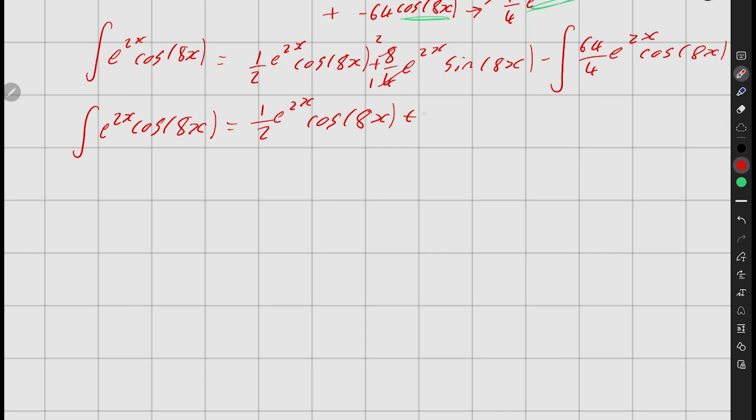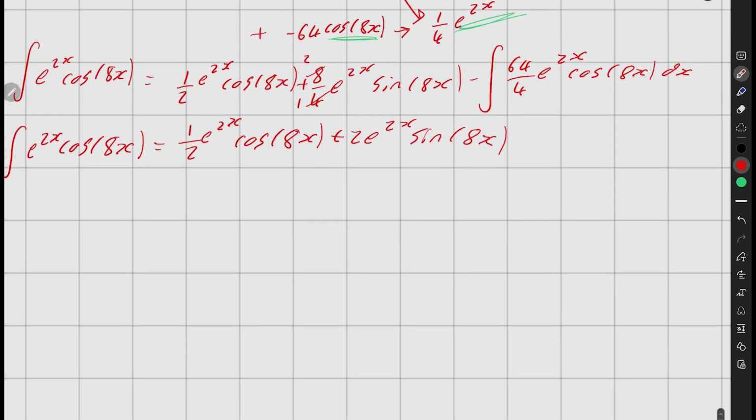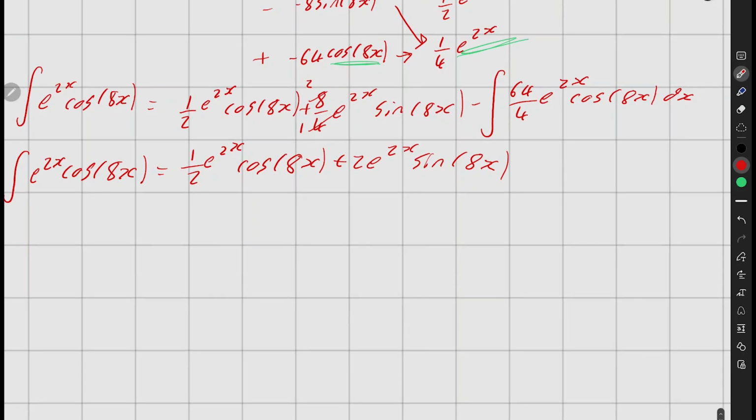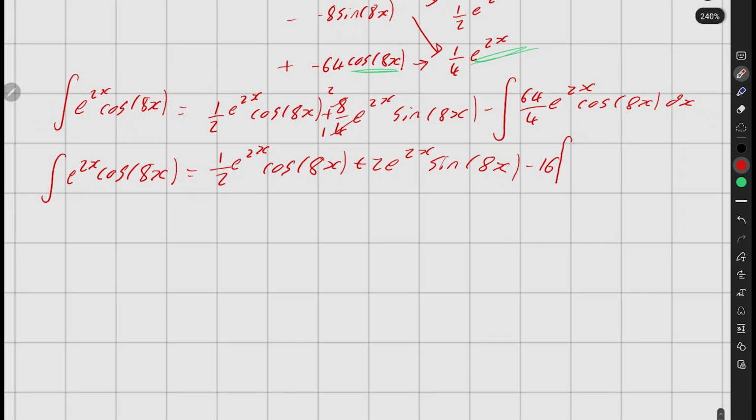That's going to be 2e to the 2x sine of 8x. 64 divided by 4, 16. We can bring the constant out the front. That's what we want to do. Minus 16, then we'll have the integral of e to the 2x cos 8x.